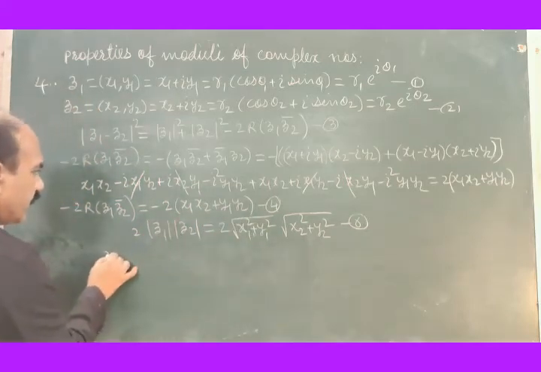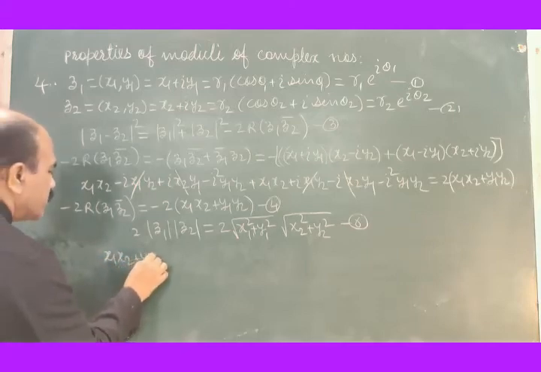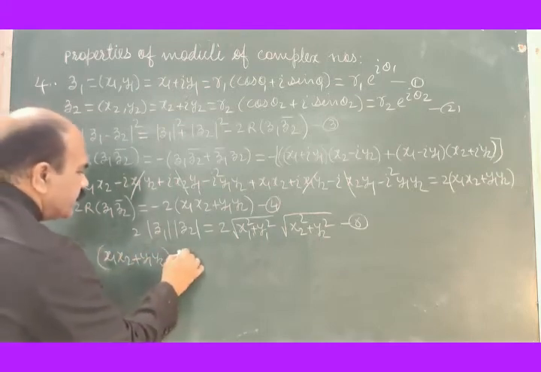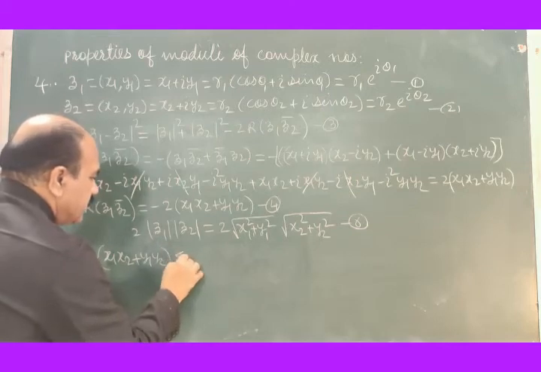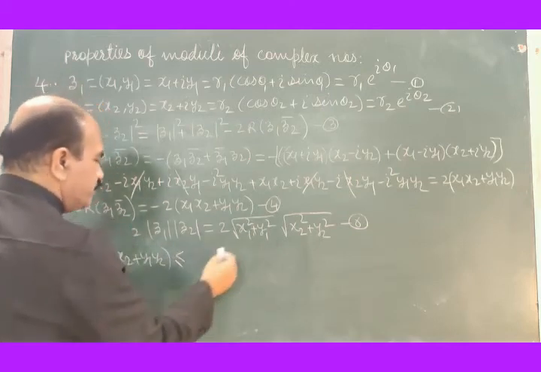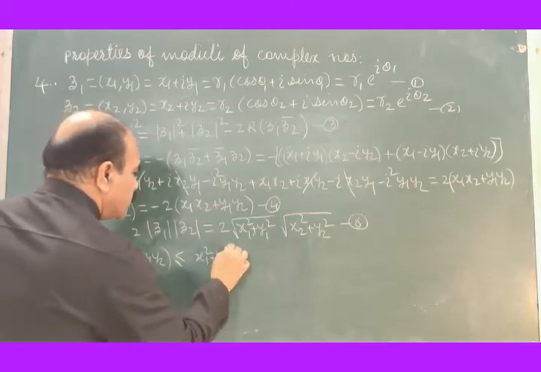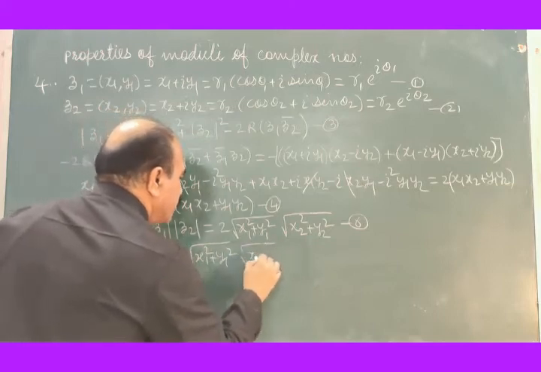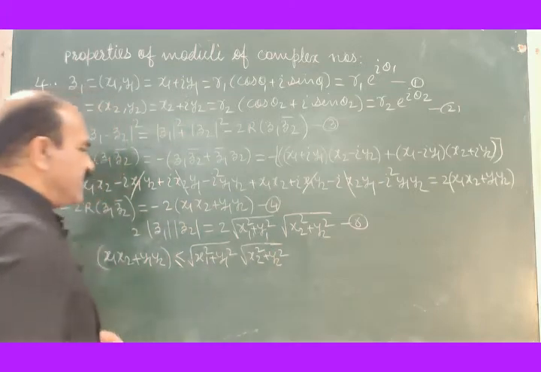From this, what can I write? x1 x2 plus y1 y2 is, for simplicity, let me write less than or equal to the square root of x1 square plus y1 square, into the square root of x2 square plus y2 square.